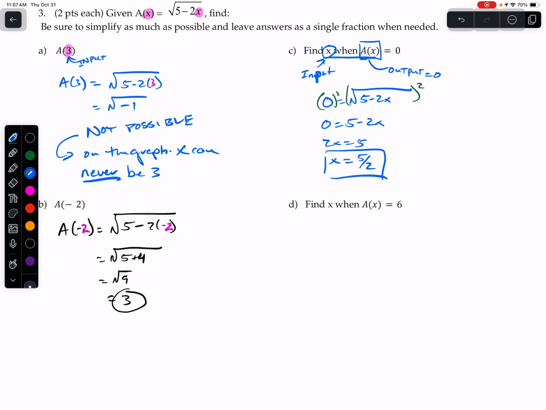Find x when a of x is 6, so that's the same thing. Square root of 5 minus 2x. Here I'm going to, again, square both sides. Squaring undoes square root, so we have 36 equals 5 minus 2x.